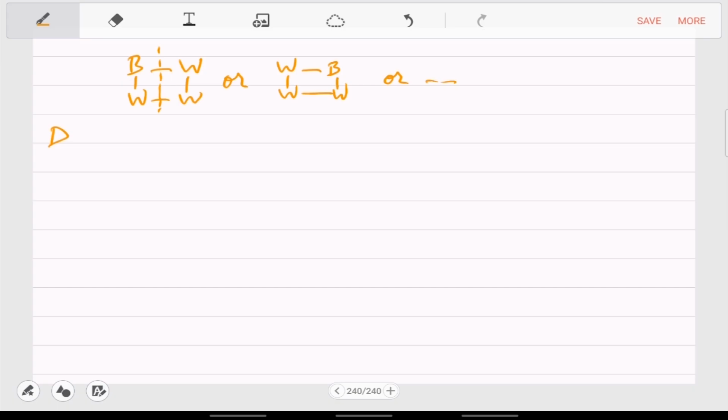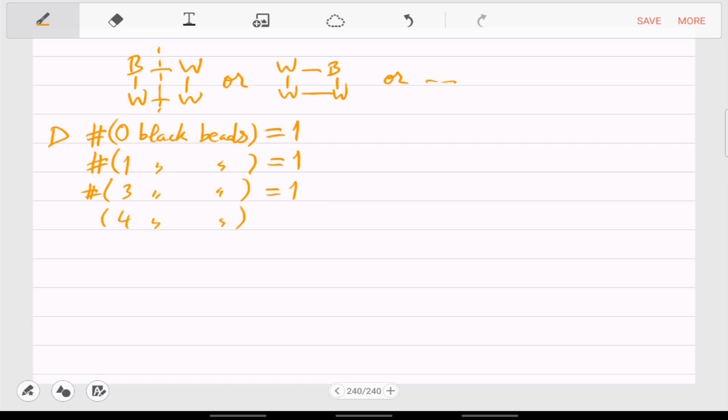So how many necklaces for 0 black? Just one, right? How many for 1 black bead? That's also one. 2 black beads, we have counted, 3 black beads, and 4 black beads.